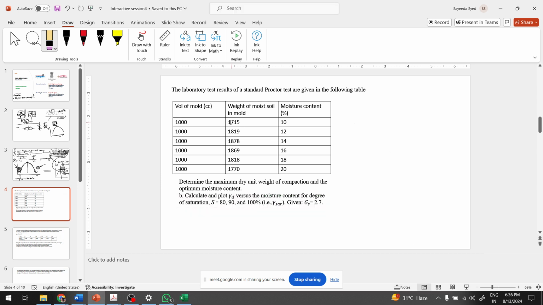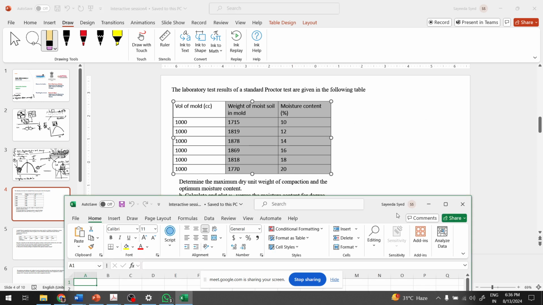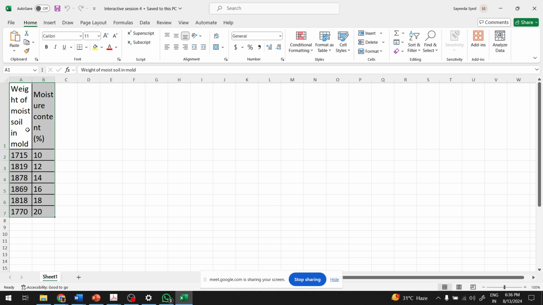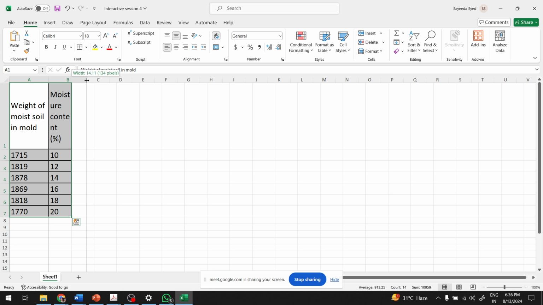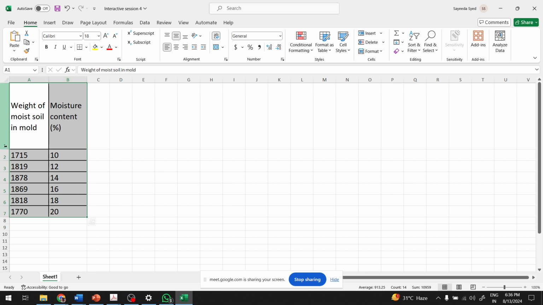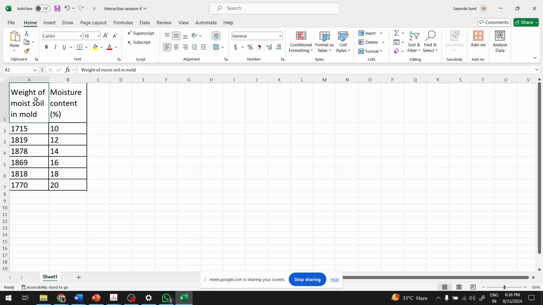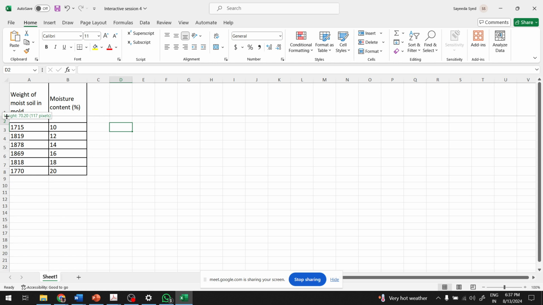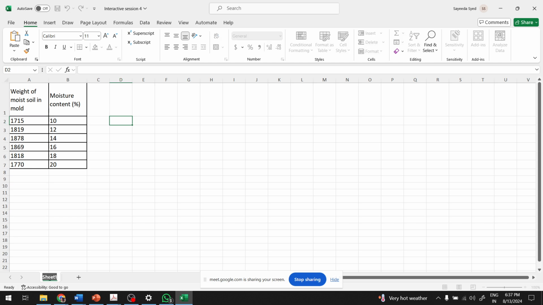This we don't need to copy, we already know how much that is. We just need these two columns. So this is question one.